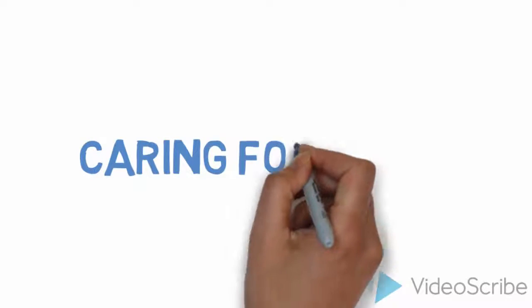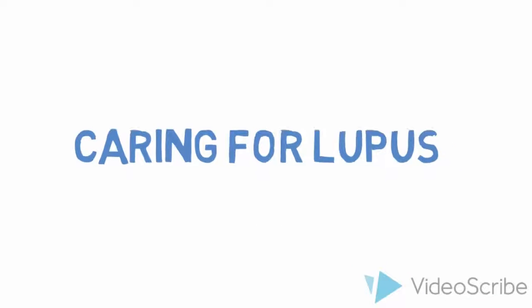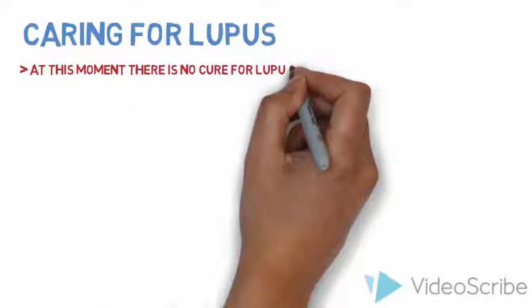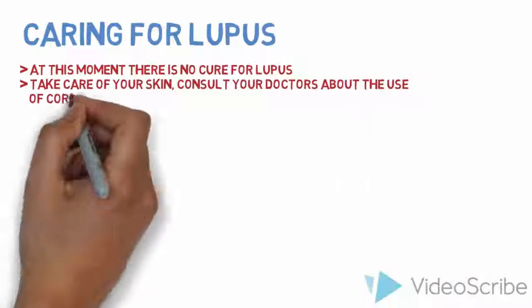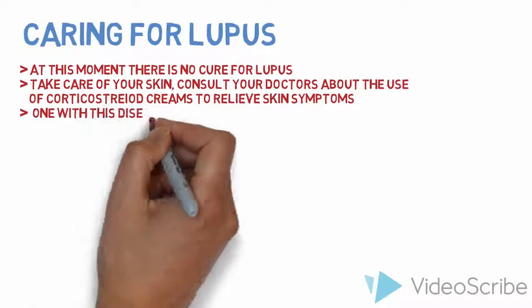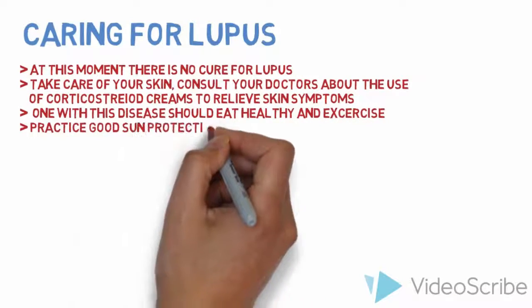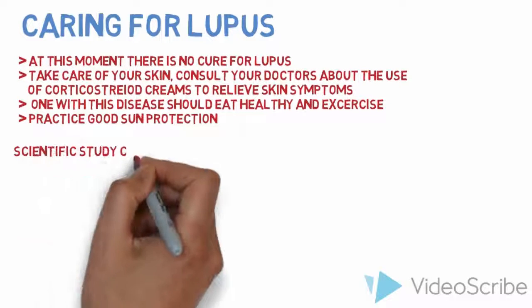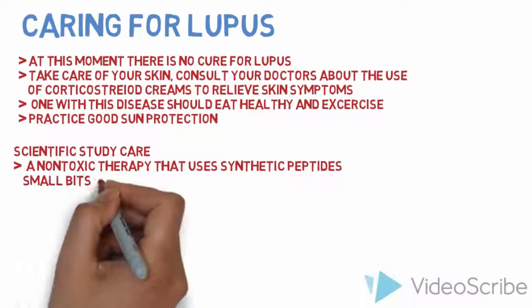So, caring for lupus. At this moment, there is no cure for lupus, but it's good to take care of your skin and consult your doctors for cream to relieve skin symptoms. And one with the disease should eat healthy, exercise, and practice good sun protection.